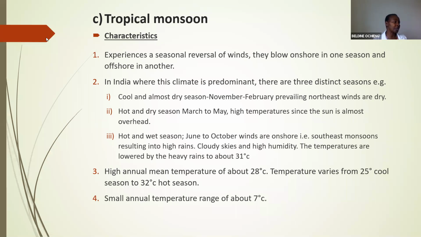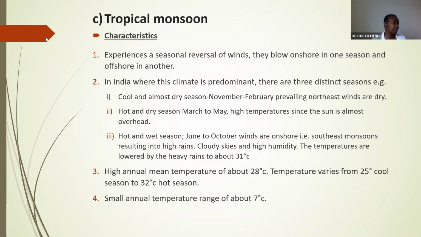It is cool, but almost dry. That one is between November and February, when the prevailing northeast winds are dry. That is cool and almost dry.